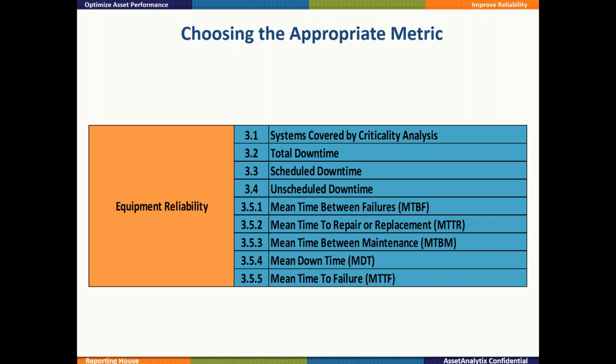They've already determined how you should calculate it, what the calculation is, and where systems and data should be coming in from. So that's one way to determine the appropriate metric for the appropriate strategy.